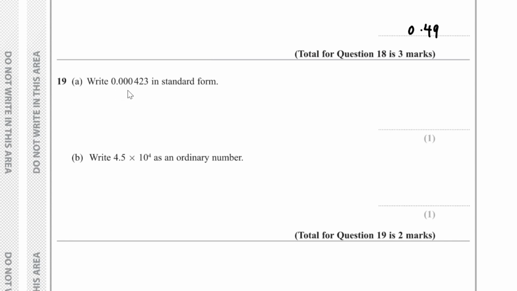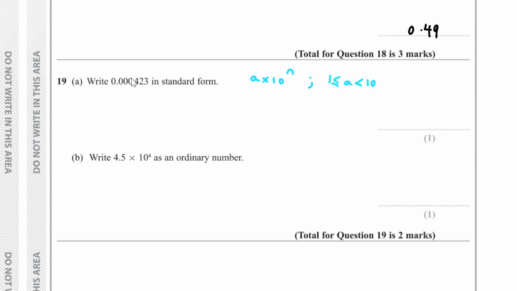Question number 19. For part A, we have to write 0.000423 in standard form. Well, what is standard form? Standard form is when a number is of the form a times by 10 to the power of n, where a is in between 1 and 10.